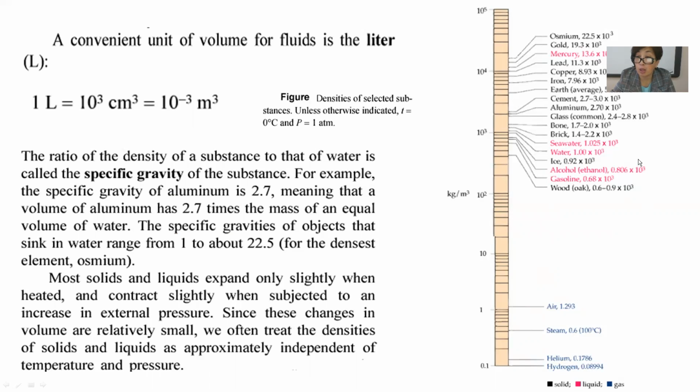Here are the density values of ethanol, gasoline, air, helium, hydrogen gas, etc. The ratio of the density of a substance to that of water is called the specific gravity of the substance.